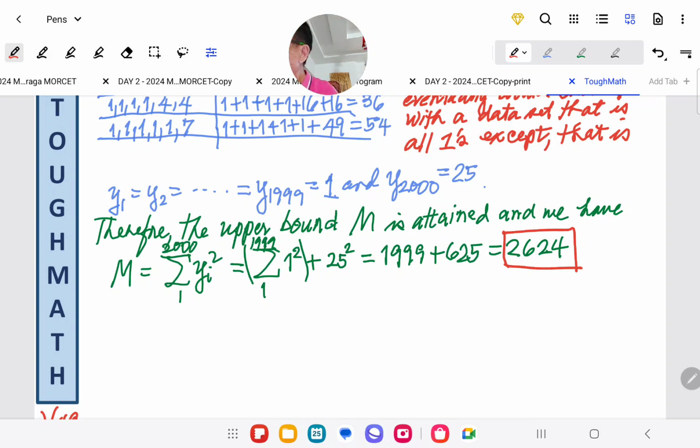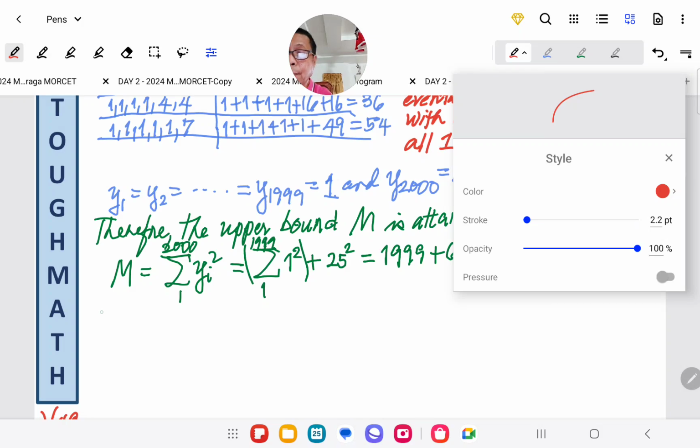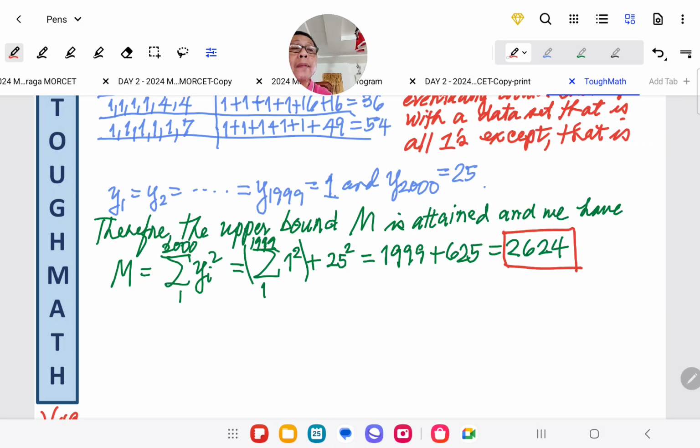Now, we look at case 2. Here, our x sub j is greater than x sub i but by at least 2.